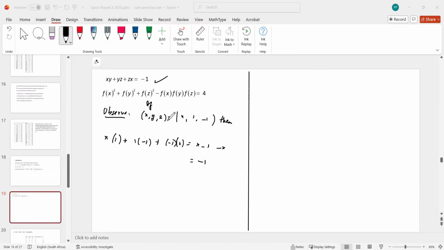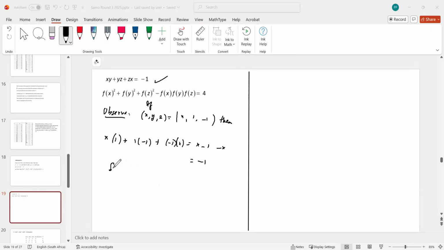this triple will satisfy the equation, which means that no matter what x is, this equation will be satisfied.